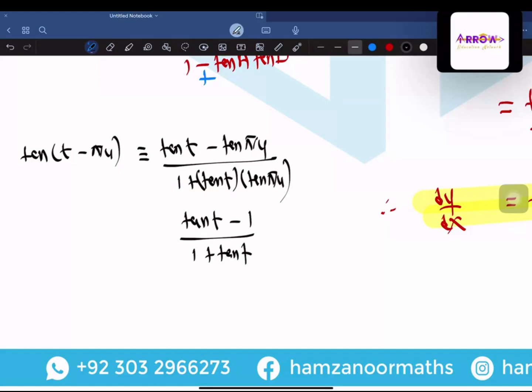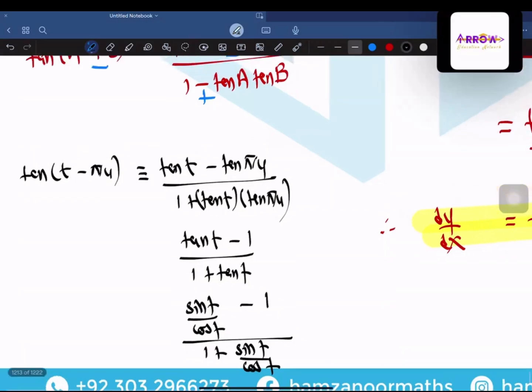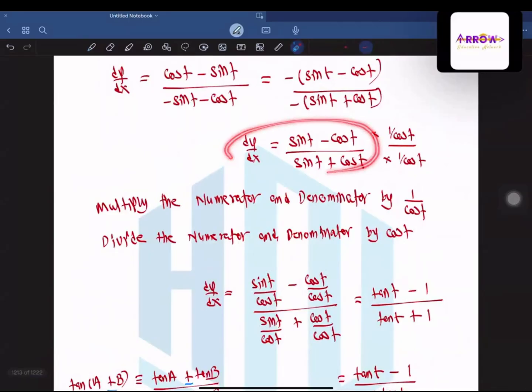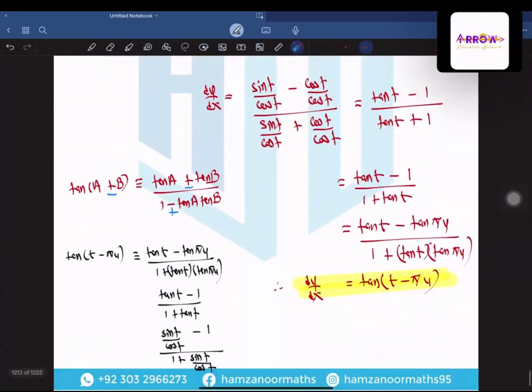Now what you can do is express this expanded form in the form of sine and cos. In place of tan t, you are going to write sine t over cos t, then minus 1, and this is divided by 1 plus sine t over cos t. Then you simplify the numerator and denominator, and you can show that this is exactly equivalent to the expression which you obtained over here, sine t minus cos t divided by sine t plus cos t. So you can prove it in this way as well.